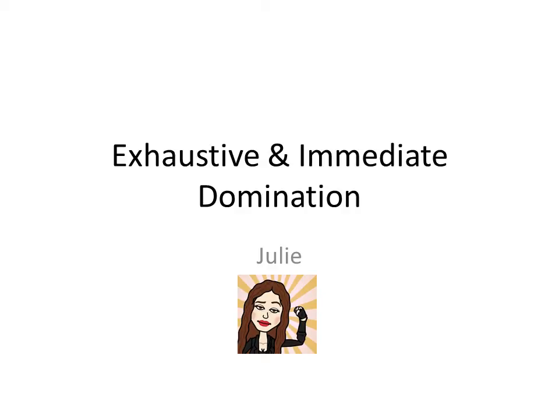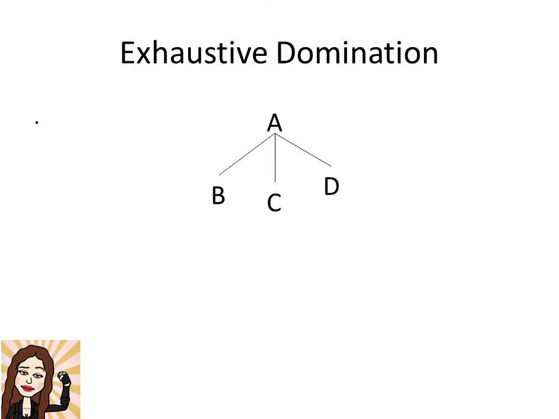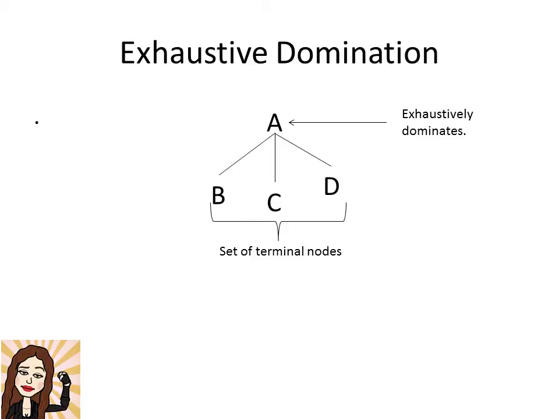General domination can be understood in more specific terms such as exhaustive domination and immediate domination. Using Carnie's abstract tree with generic labels, we could say that A exhaustively dominates over B, C, and D, which are a set of terminal nodes.